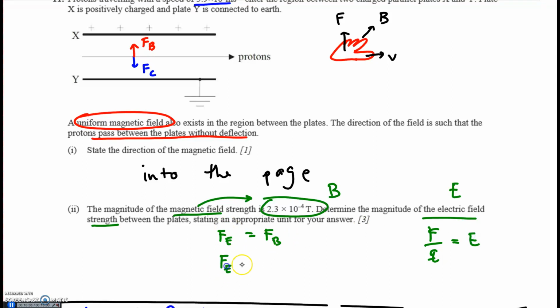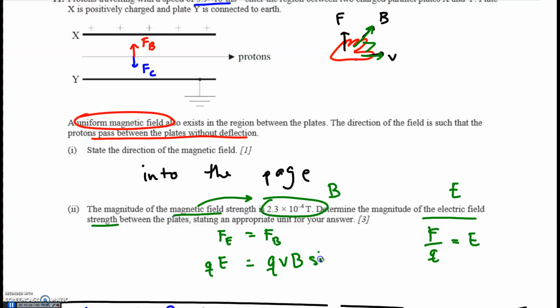Well, okay, hang on then. I could plug in for electric force Q times the electric field strength. And the magnetic force is QVB. There is a sine theta, but we see the charge is moving to the right, and the field is pointing perpendicularly into the page.